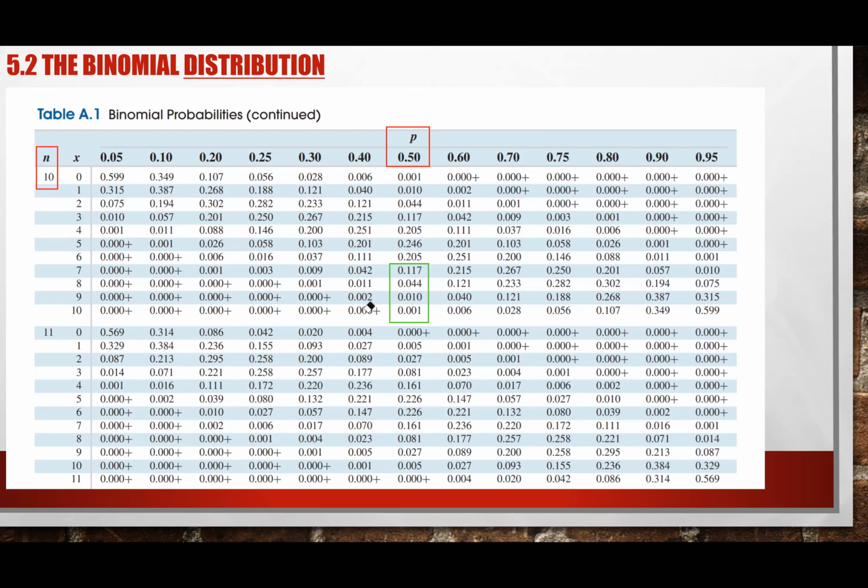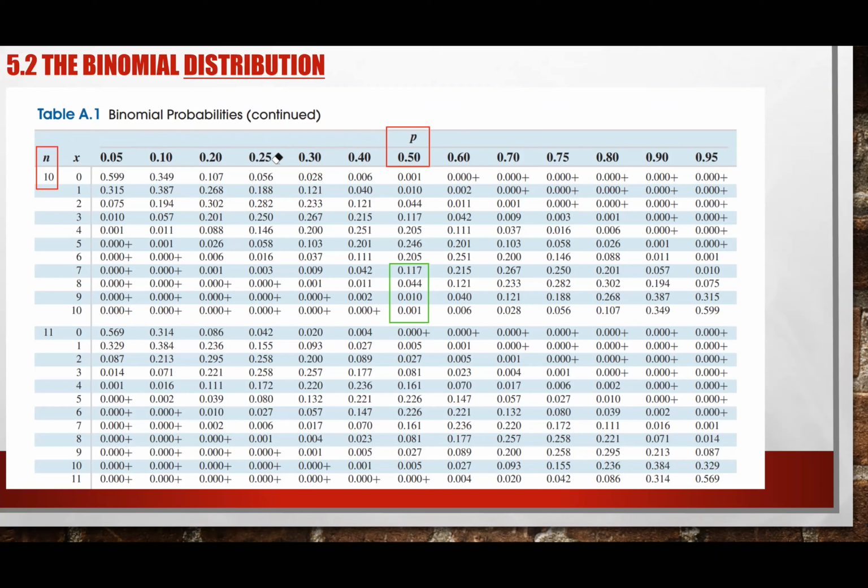The problem with this second method, ladies and gentlemen, is that the probability is fixed, right? It's only 5%, 10%, 20, 25, 30, 40, 50, 60, 70. If my probability comes out to be 15%, there's nothing on this chart that we can use. Even 55, we cannot use.